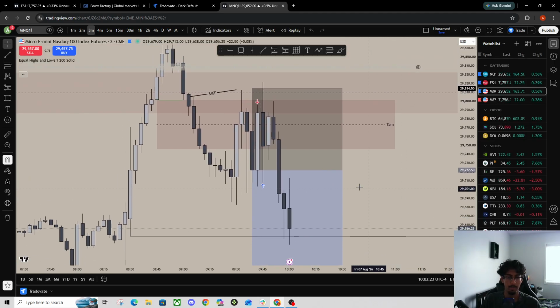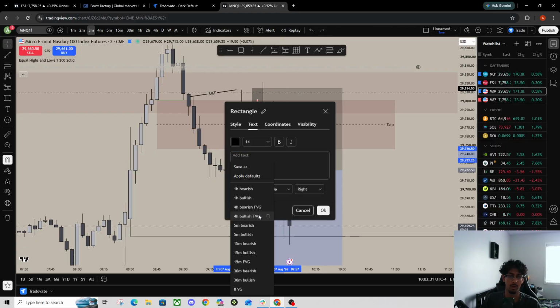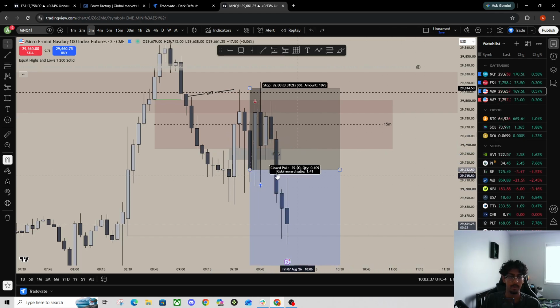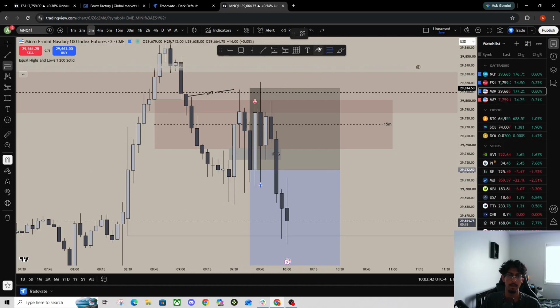And what ended up happening was we came into this 3-minute gap and I expected it to inverse it. It looked really strong at the time on the live market, but what ended up happening was we came all the way down here and then came all the way down here again and then we just wicked up to over here.